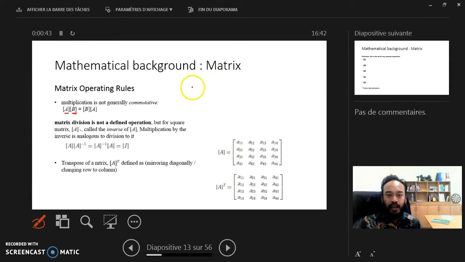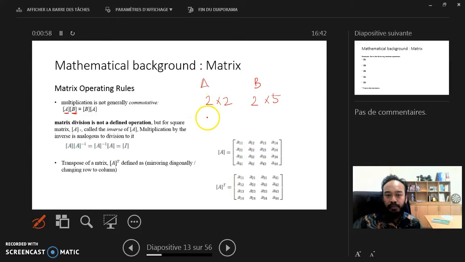For example, if A has a dimension of 2 by 2 and B has a dimension of 2 by 5, then A multiplied by B can be done.